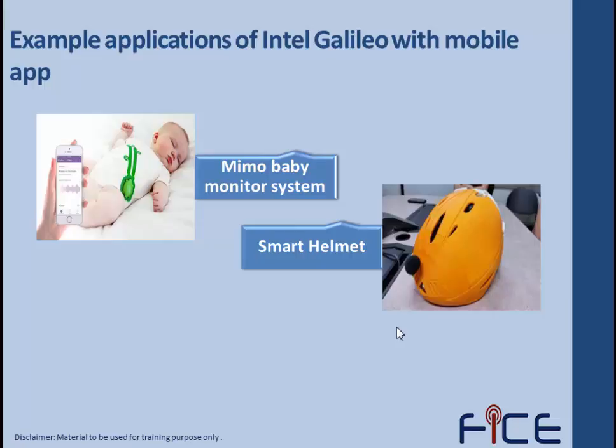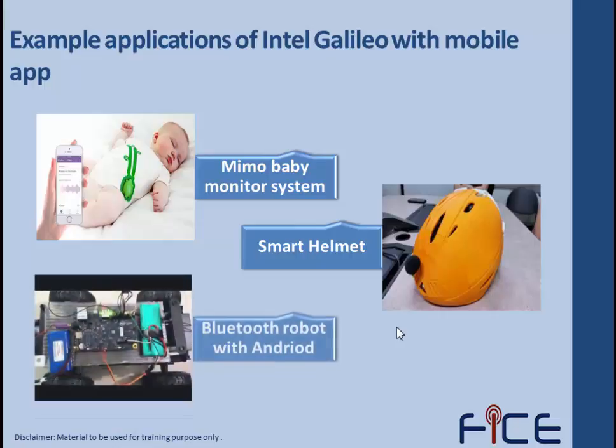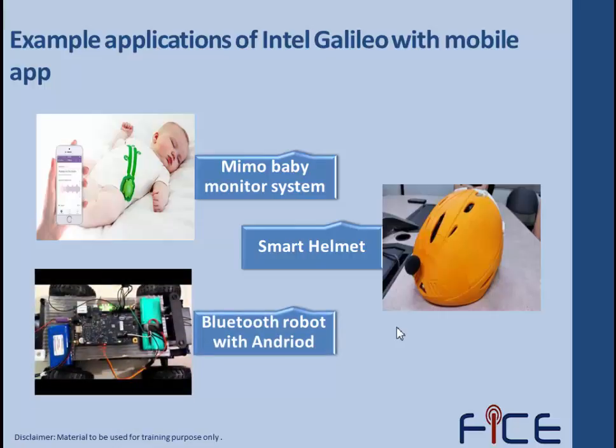If I consider a mobile app application with respect to Intel Galileo in robotics, that is a Bluetooth controlled robot. This robot can be controlled or tracked by using Intel Galileo with an Android smartphone via Bluetooth.